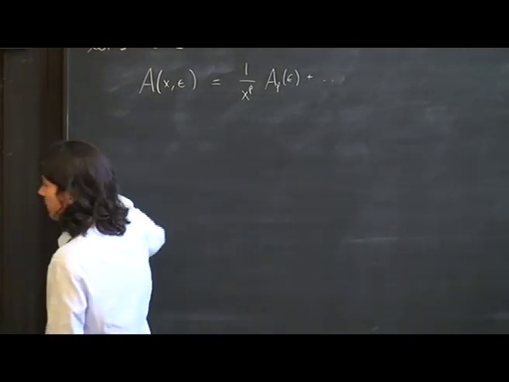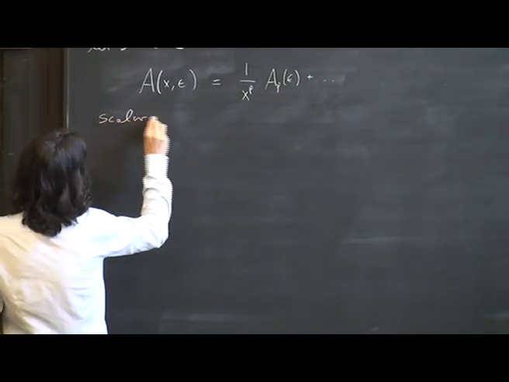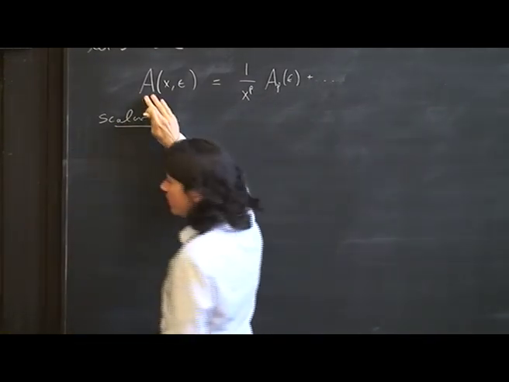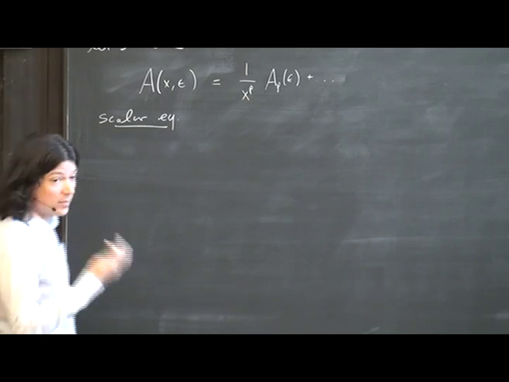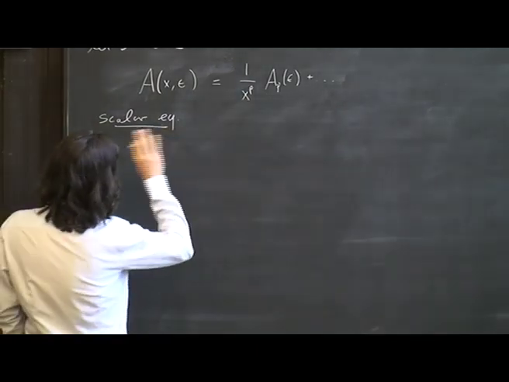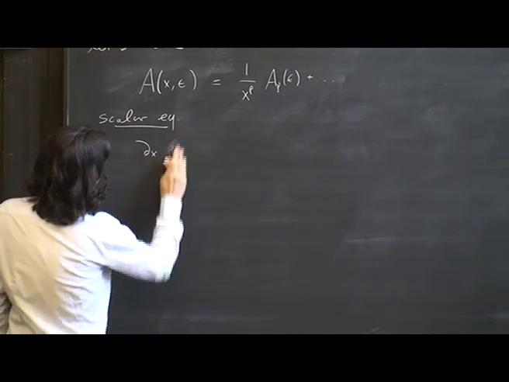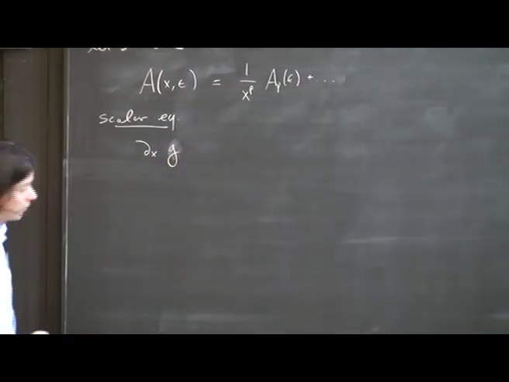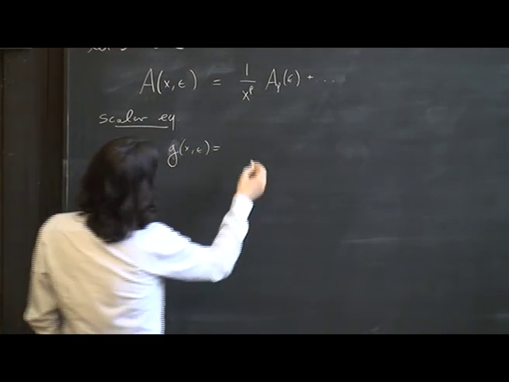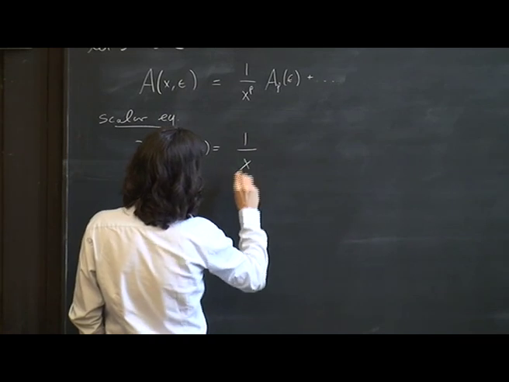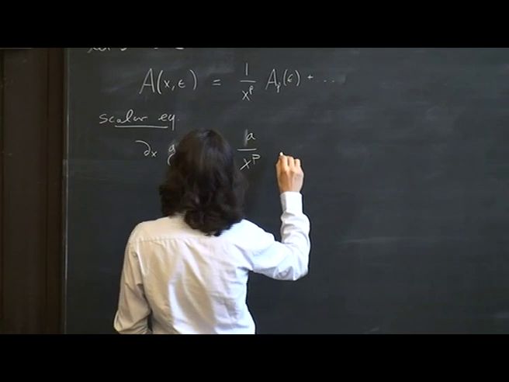Now, to understand this, let's for a moment consider the case of a scalar equation. I remind you, we have a system of equations here, but just imagine we had a scalar equation. I drop the vector on f, let's just call it g, just not to get confused. Let's imagine we have such a function here, and we have such an equation.